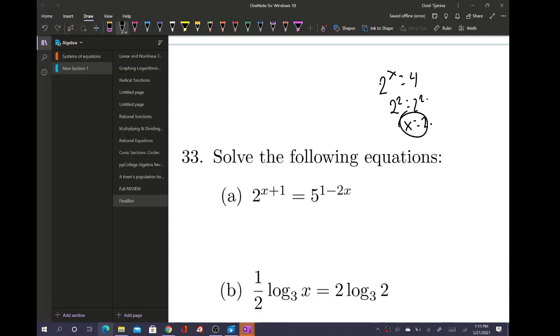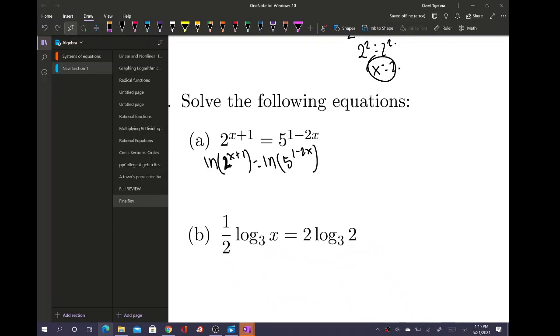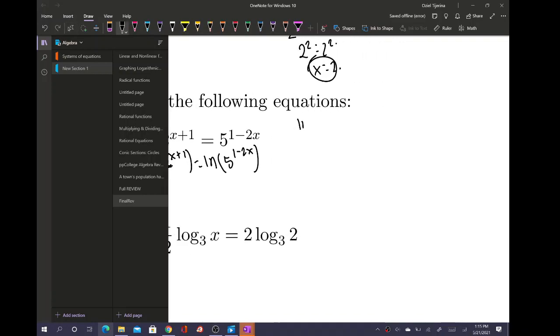I like to use natural log, only because it's easier. So what I do is I say the ln of 2 to the x plus 1 equals the ln of 5 to the 1 minus 2x, and then you go ahead and take, so remember, ln of x to the b is equal to b ln of x.